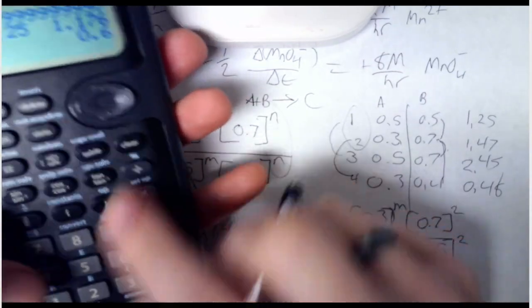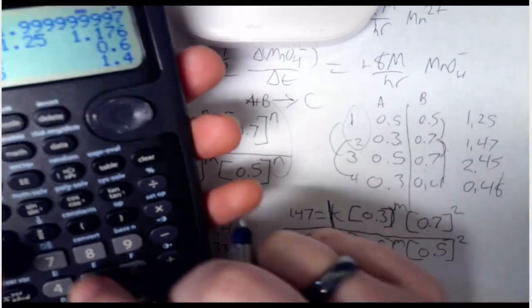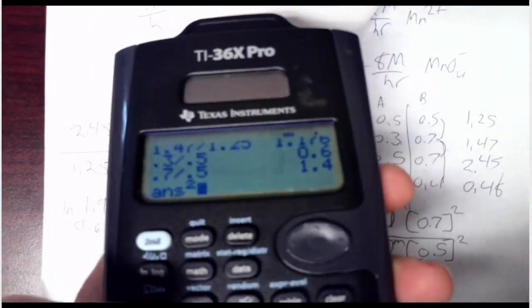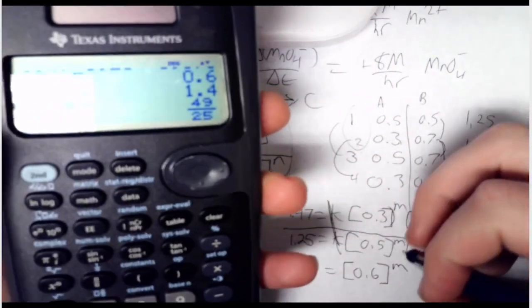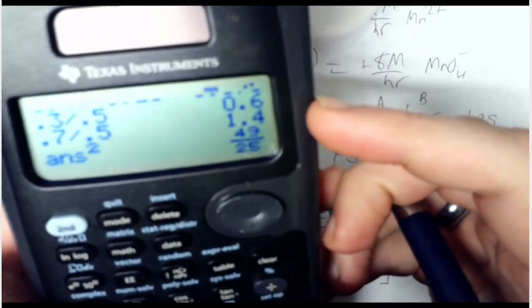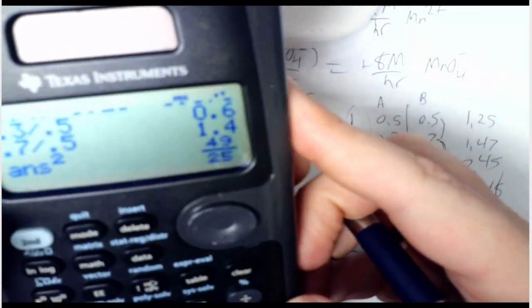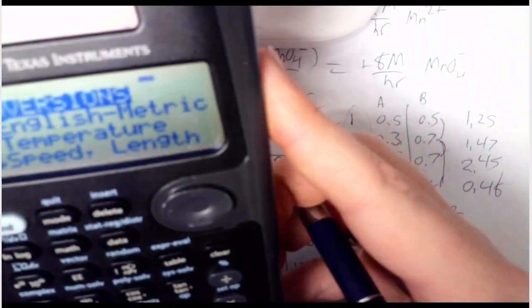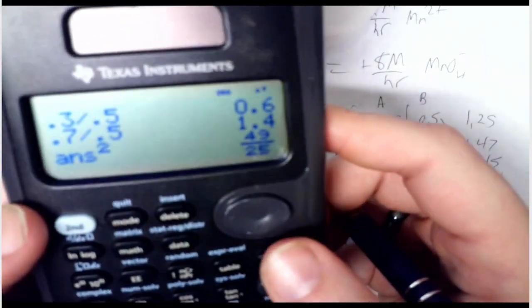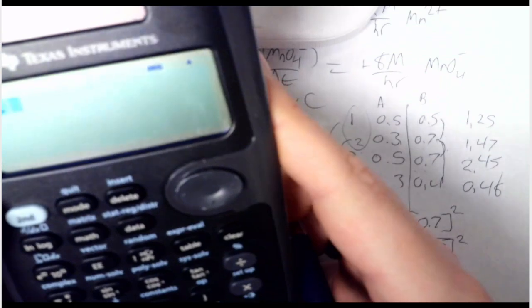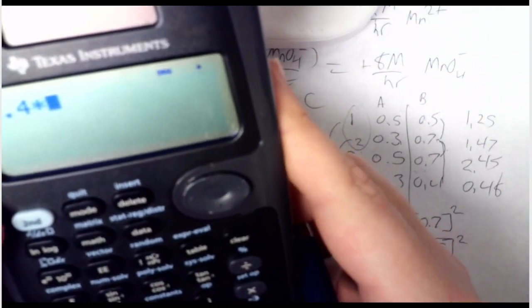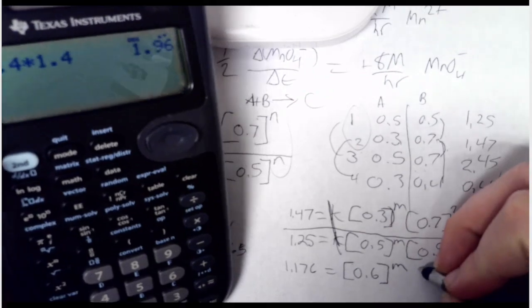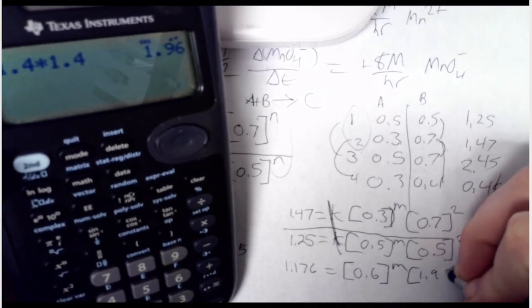So 0.7 divided by 0.5 is 1.4, and we square that. So 1.4 times 1.4 is 1.96.